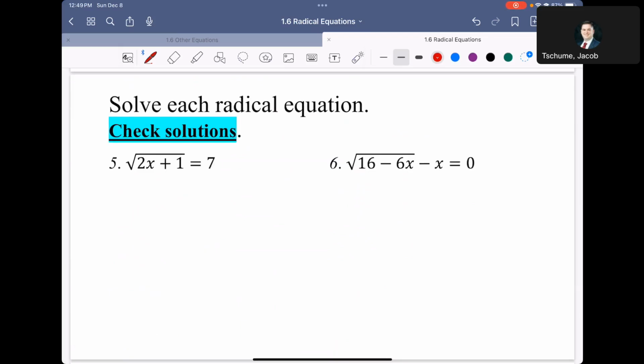But one thing I do want to make sure I mention before we start this last technique for 1.6 is that whenever you are solving a radical equation, which means the original problem has a square root in it, you must check all of your solutions before you type them into your homework, quiz, or test assignment.